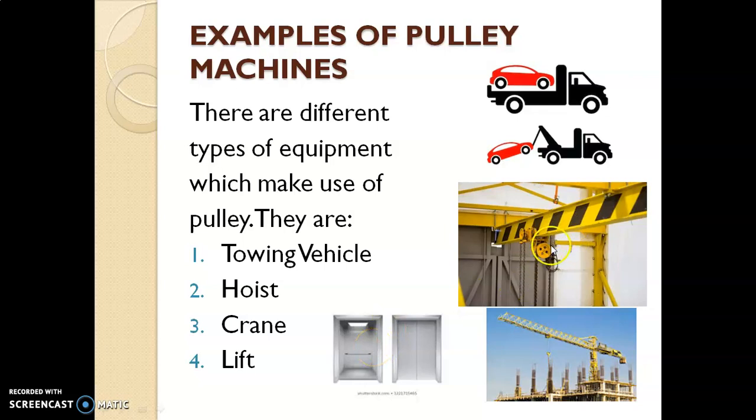This hoist is used to lift an object from one point of the buildings of the construction site to another point. It is also used in several industries and companies. Construction industries, manufacturing industries, they make use of hoists to move a heavy object from one point to the other.